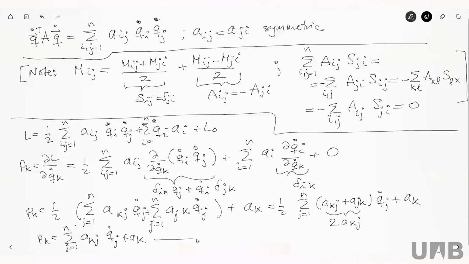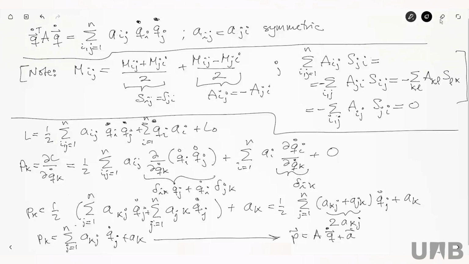And so what this equation says in components is that the vector p equals the matrix A, whose components are Akj, times the vector q dot plus the vector a.